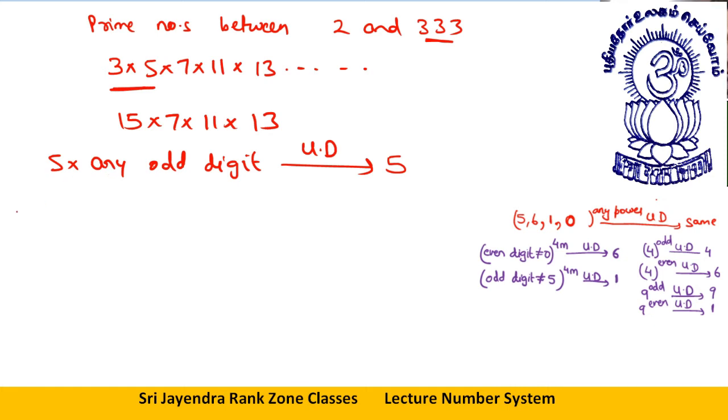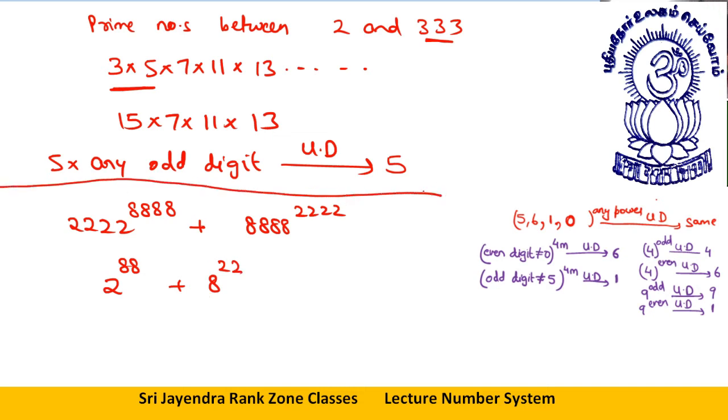Next, we are supposed to find the unit digit of 222 raised to 888 plus 888 raised to 222. How will I do it, dear students? Sheer simple logic. 2 raised to power 88 plus 8 raised to power 22. Now 2 raised to power 88 is a multiple of 4, so it will be 4m, plus 8 raised to power 20 plus 2.